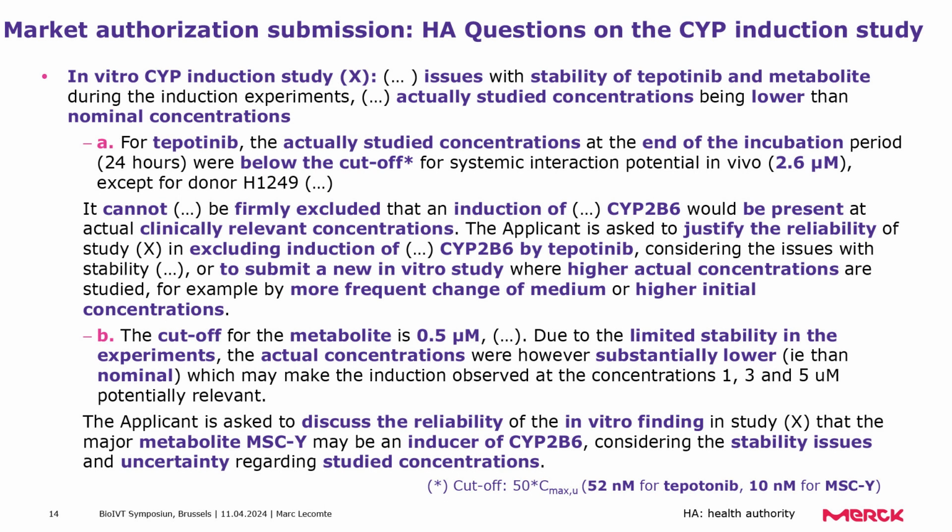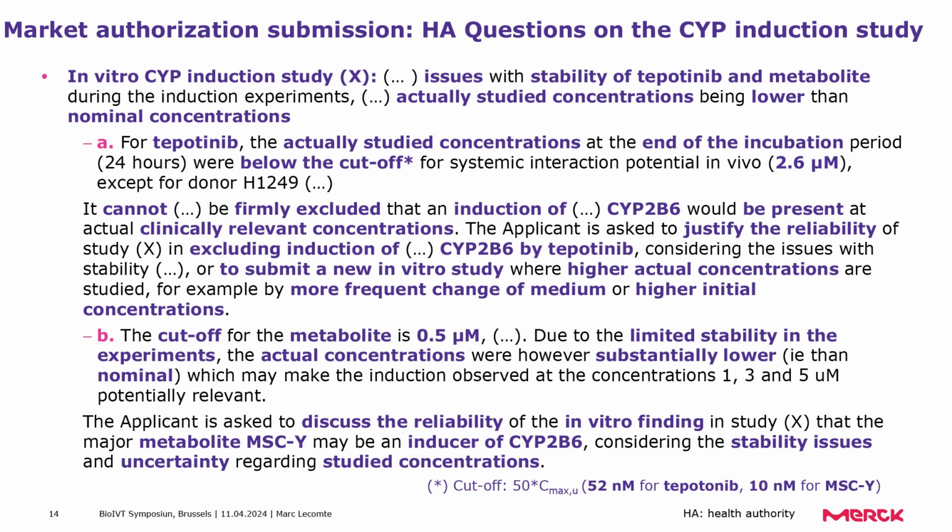The studied concentrations were lower than the nominal concentrations used in the study. So for tepotinib, the studied concentrations at the end were below the cutoff, 2.6.